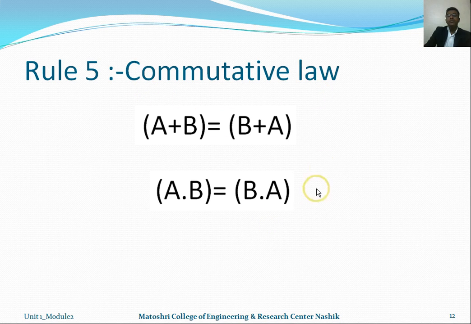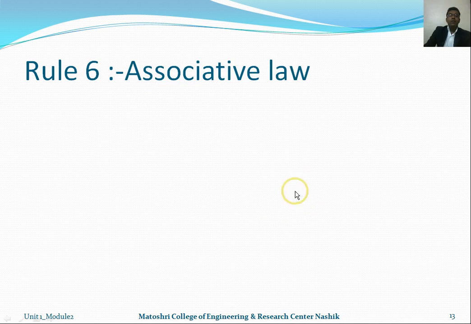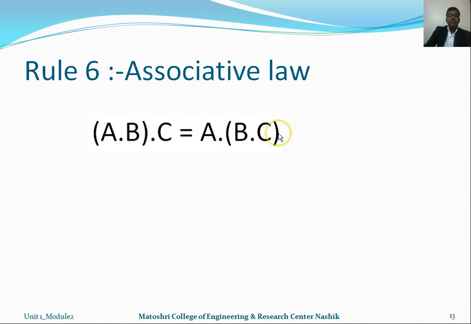That is the commutative law. The next law is the associative law. In this associative law, AB ANDed with C equals BC ANDed with A. Similarly, you can open the bracket or change the variable locations as in the commutative law.